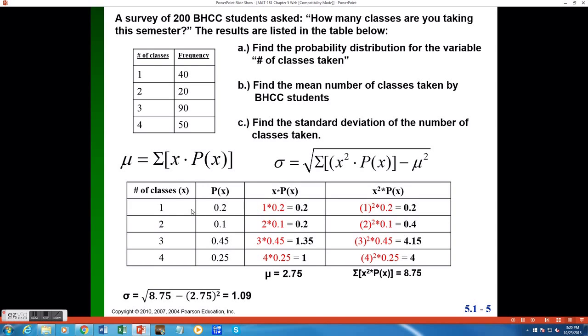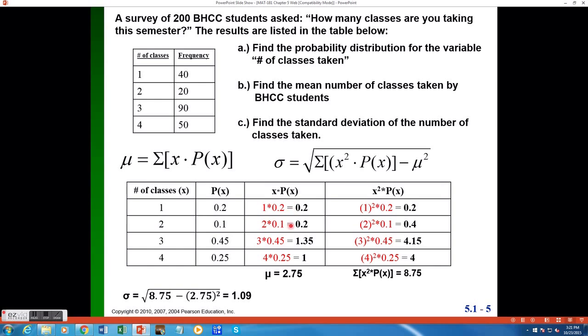Now to calculate this mean, I first need to find all the x times p of x values. This is a similar technique to what we used in the standard deviation formulas. So on my table I created a column of x times p of x, and I just simply multiplied the values from each of the previous two columns, my variable times its probability, to get those values. 1 times 0.2 in the first row, 2 times 0.1 in the second row, and so on.